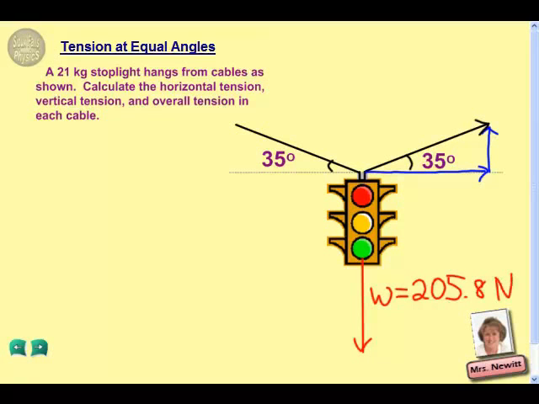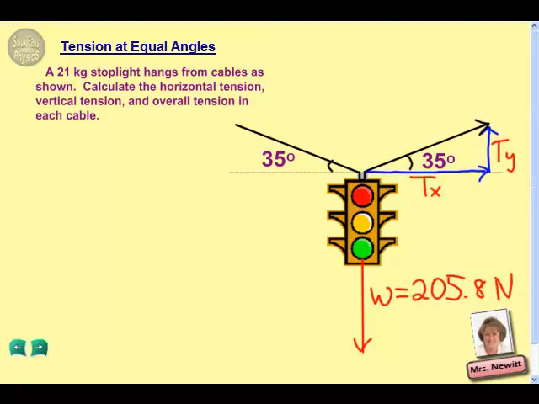So if we have equal angles, then that means that our vertical tensions upwards must add together to give us that. So if we look at this side of our diagram, here's our vertical tension, here's our horizontal tension.